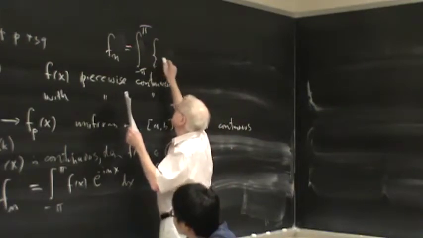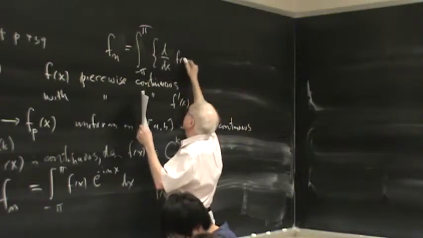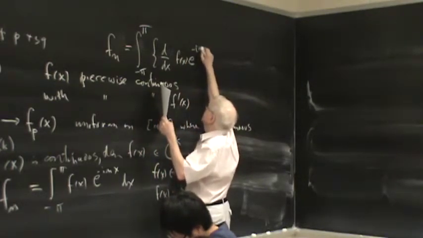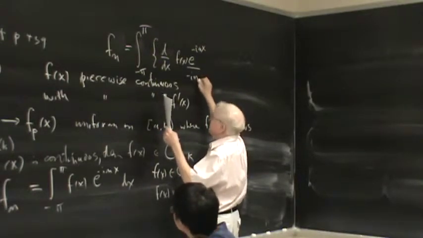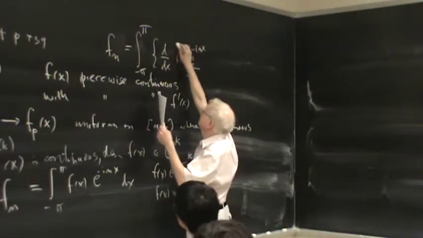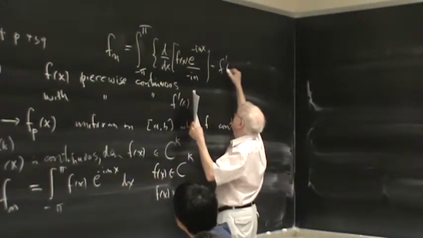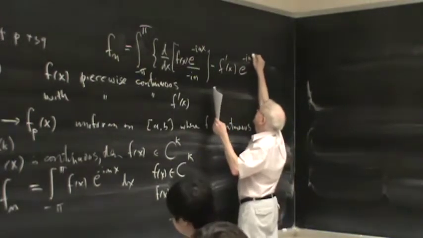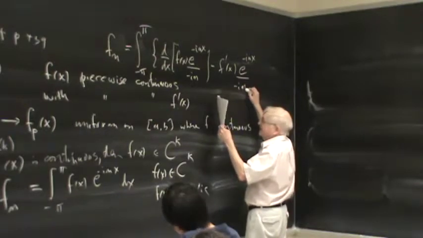And the common sense is that d by dx of f of x times e to the minus i n x over minus i n, minus f prime of x times e to the minus i n x over minus i n.